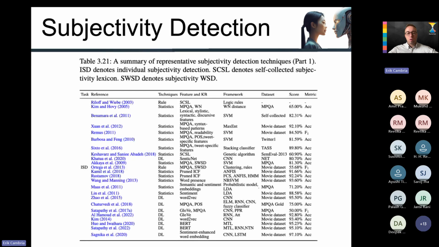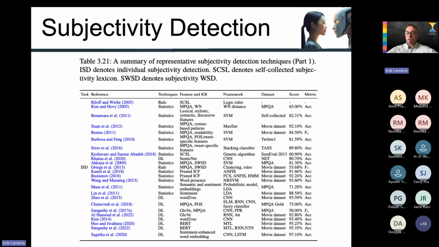Here are some of the works, some more recent, like this one by another Indian student of mine, Aparup Khatua, who applied SenticNet to do subjectivity detection. And then you also have Ranjan here, another student of mine, Iti Chaturvedi, who applied deep learning for subjectivity detection.